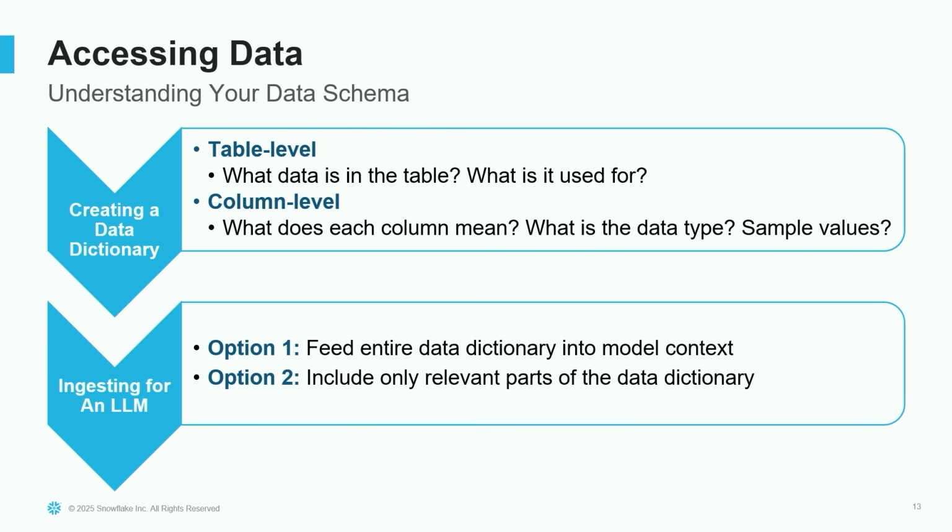So how do we fix it? Well, just have a language model do it. Is it going to be perfect? No. Is it better than nothing? Yeah, probably. So in practice, you can just take a sample of your data, feed it into an LLM, and say, hey, this is a sample of my data. This is what the table is called. Write a description of what this table is, what it might be used for, whatever.